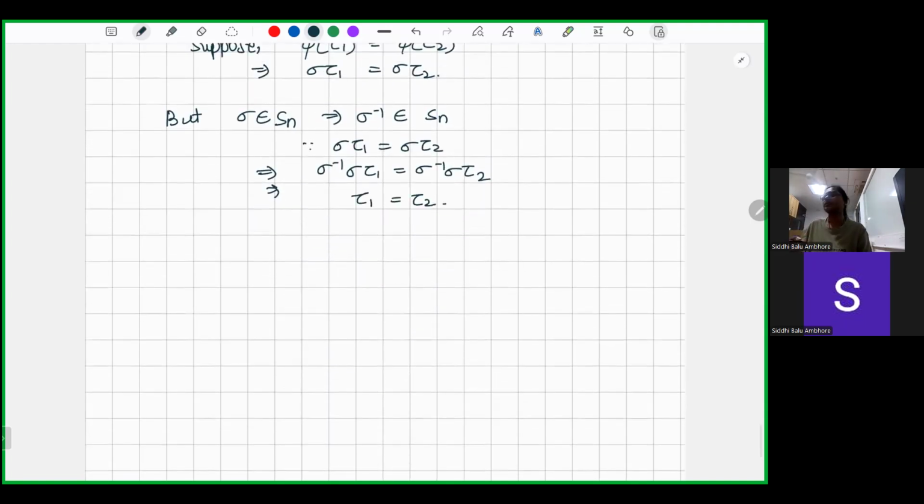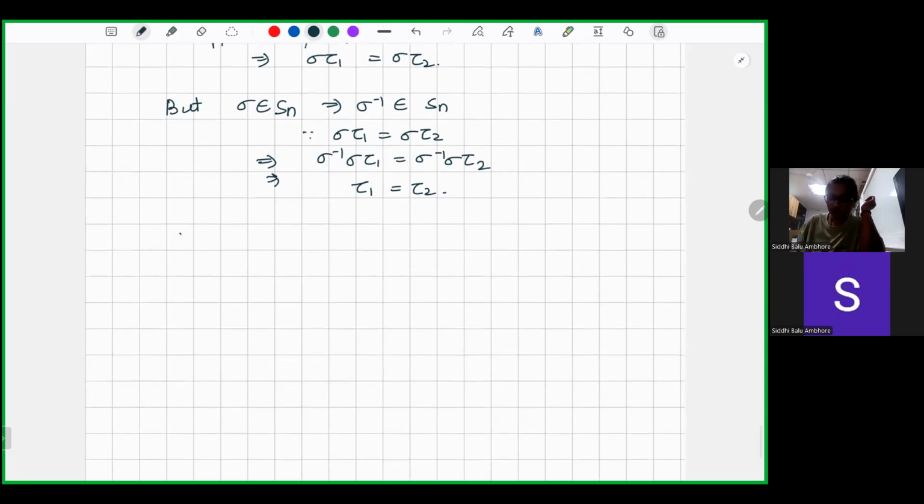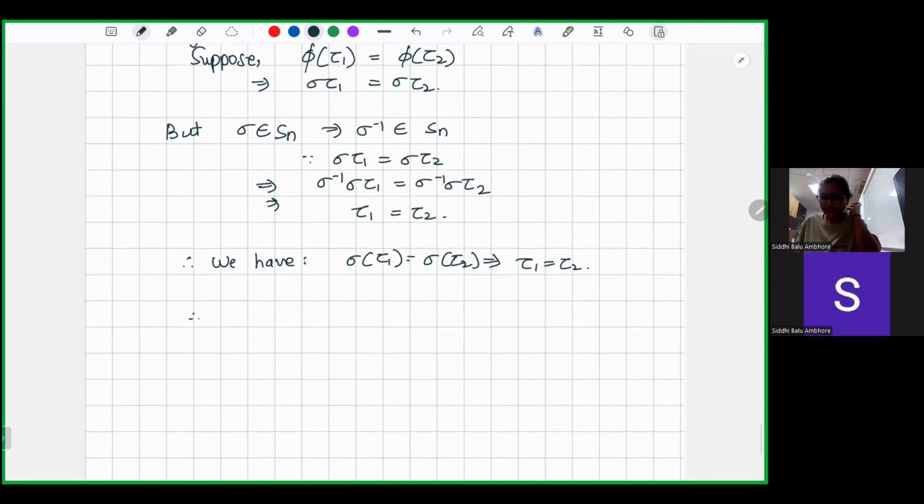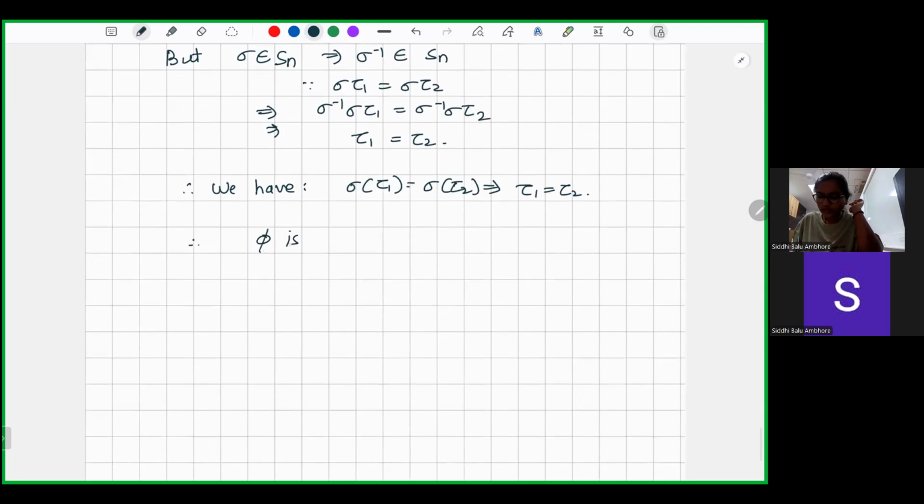So what we got is that sigma tau1 equal to sigma tau2 implies tau1 equal to tau2. Therefore this phi is injective.